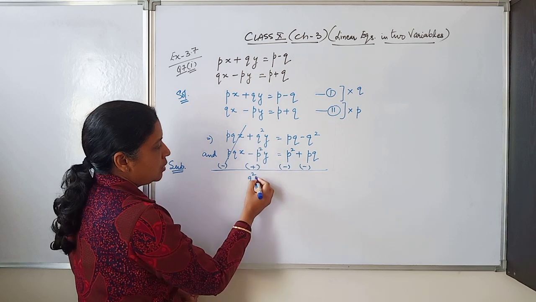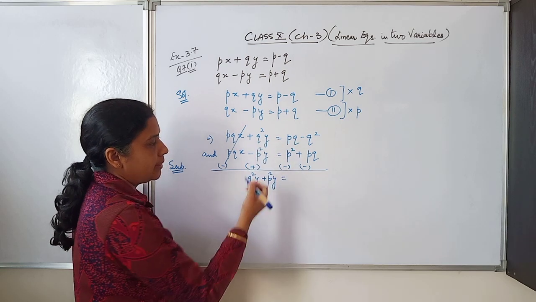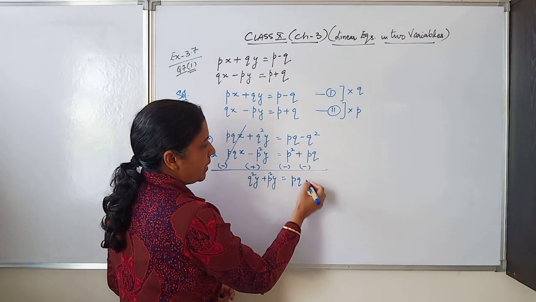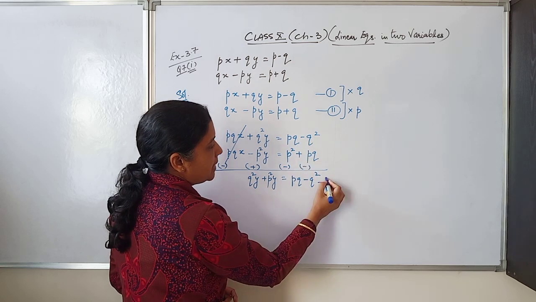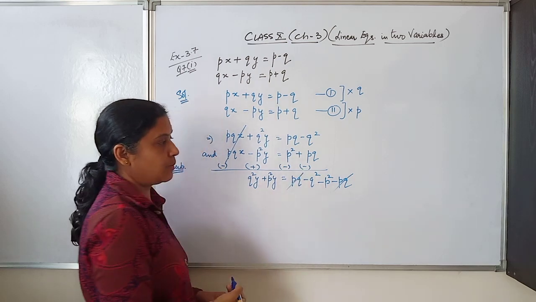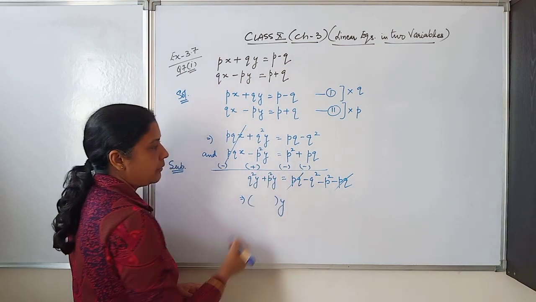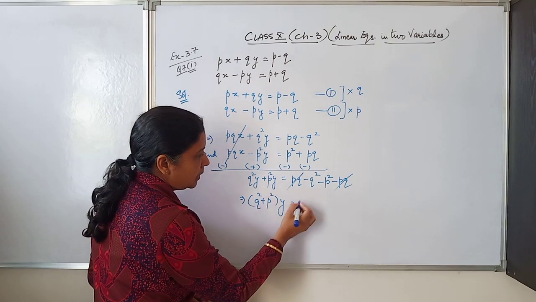It is q square y plus p square y on the left hand side. Right hand side, pq minus q square minus p square minus pq. pq minus pq again cancels. On the left hand side, I have a common factor y, so I have taken it common.